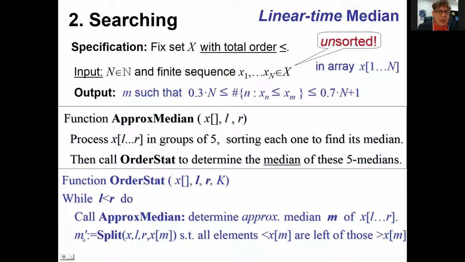And with splitting here, I mean that all elements that are less than the element at the median position are collected in the left sub-array, and those that are greater are collected to the right. And where exactly these arrive of course depends on the choice of the value.